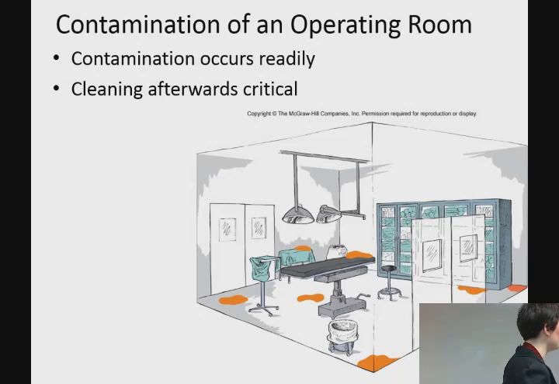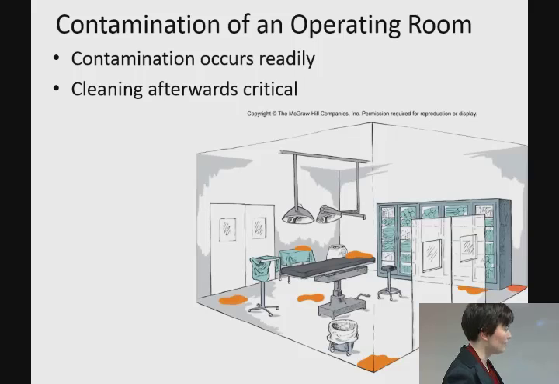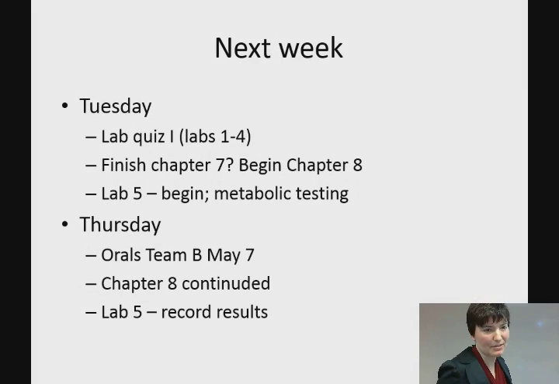It has a variety of different hazards. It has a variety of different things that need to be treated in different ways. So the way you treat the floor is going to be different than the way you treat the instruments, than the way you treat the bedding, and so on. So contamination is easy. You can see all the different places you could get it, but depending on where it is and what it is, you would potentially use different methods to take care of it.